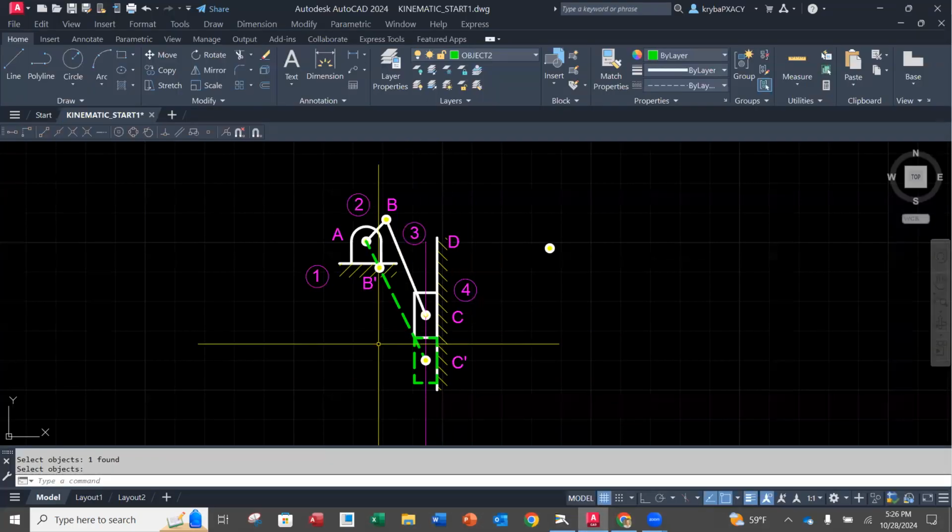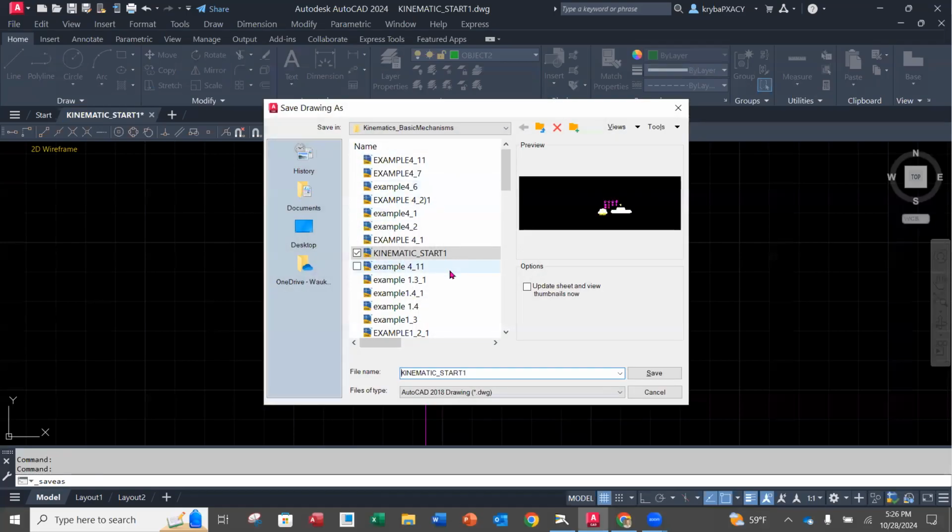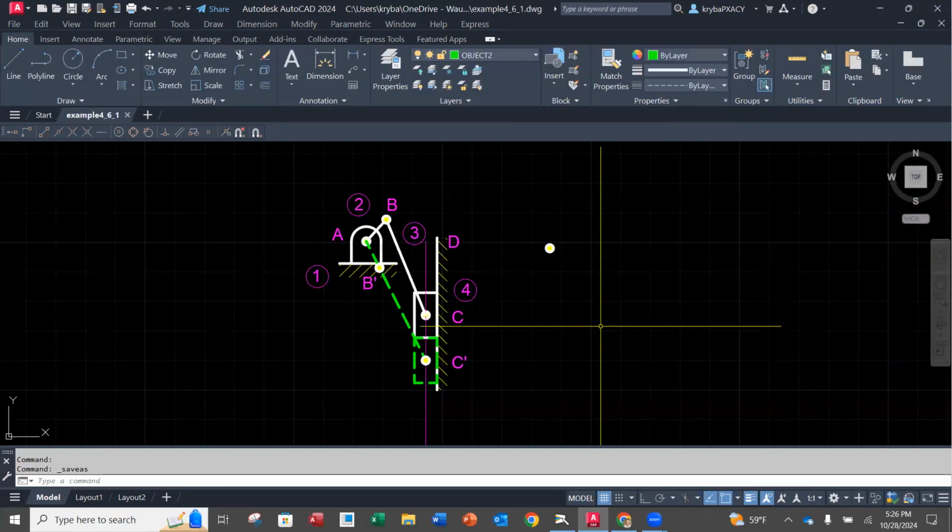Now, because we have a third position coming, we're going to add another layer here. And you know what I didn't do? I didn't do a file save as. If you haven't done it yet, save this as example 4.6. I don't always forget it, but it's not hard to forget to do that.